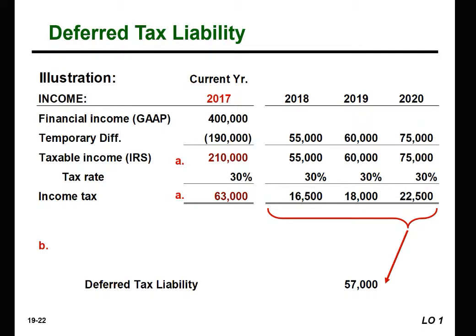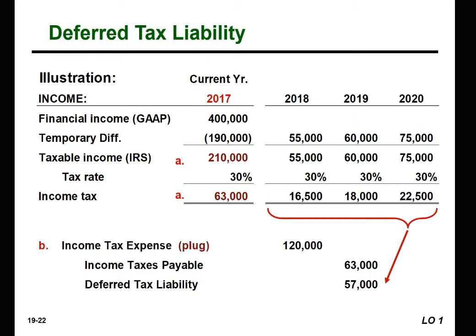We know that we have income tax payable of $63,000 for this year, which would be an income tax expense of $120,000. Now this is a plug, but you could also calculate that yourself. If you were to take financial income and multiply that by 30%, you would receive $120,000.